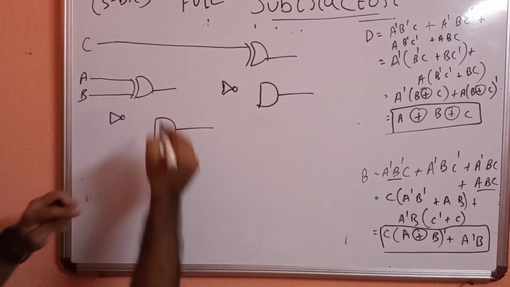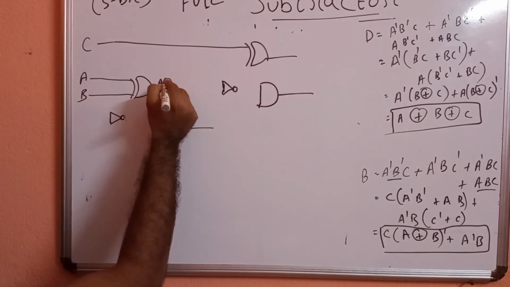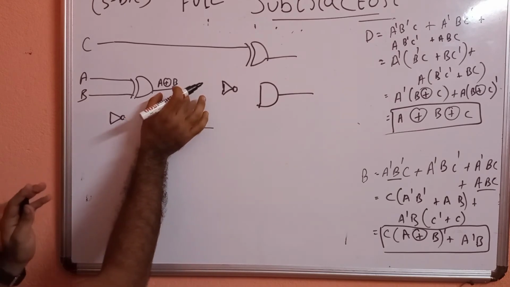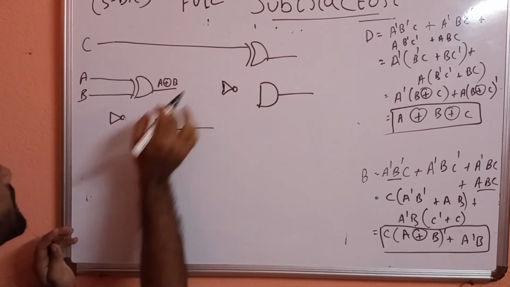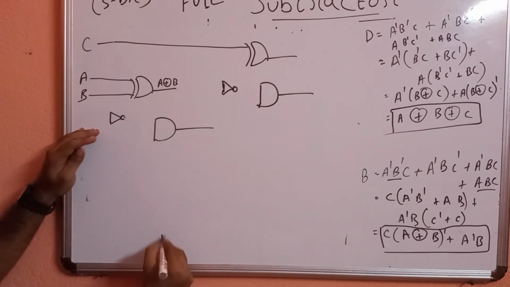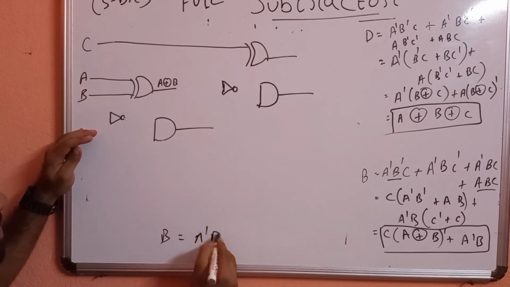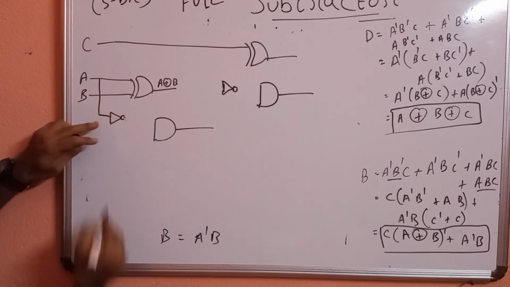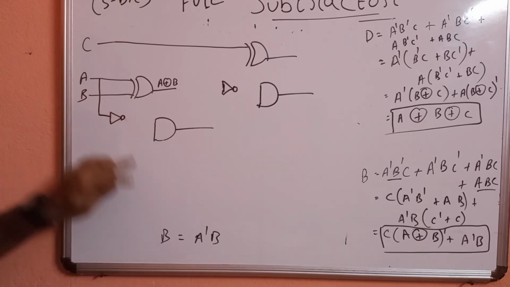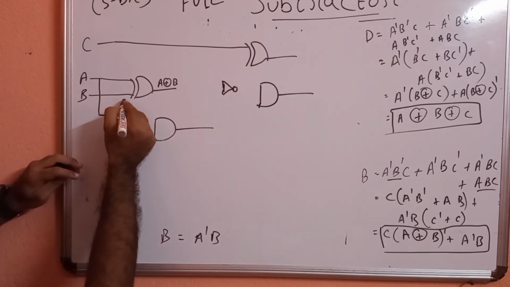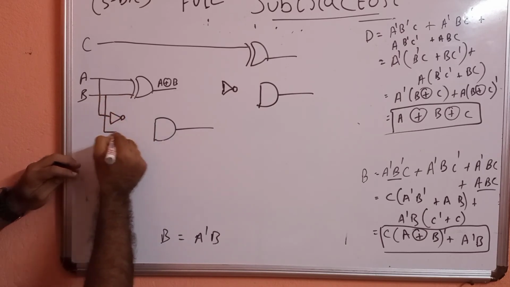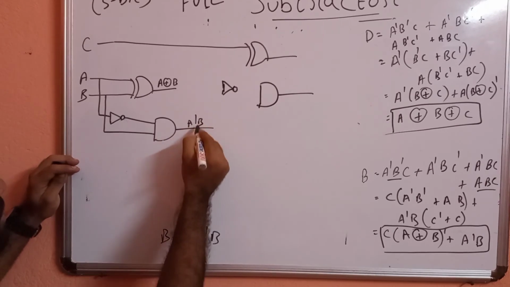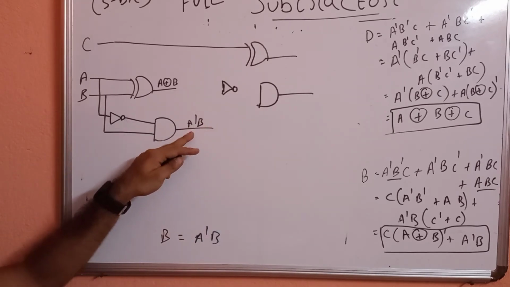This is A XOR B. We have got the expression for the difference of the half subtractor. Now what was the borrow expression for the half subtractor? A dash B, right? We will do the NOT of A, so A complement and B, and doing AND with this, that means A dash B. We have got the expression for borrow of the half subtractor.